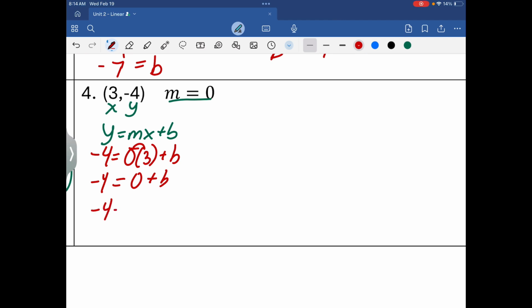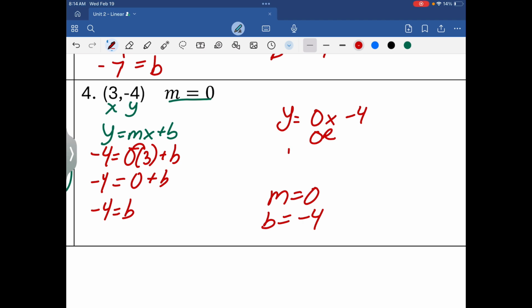So we get negative 4 equals b, because that 0 can go away. M equals 0, b equals negative 4. So that means we would have y equals 0x minus 4. And really, you would just write this as y equals negative 4, because that 0 makes everything go away.